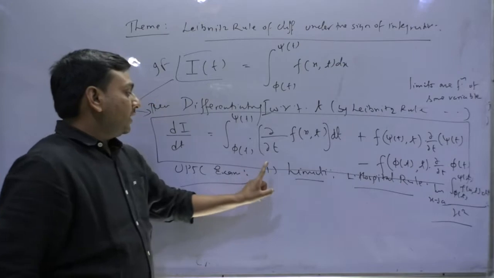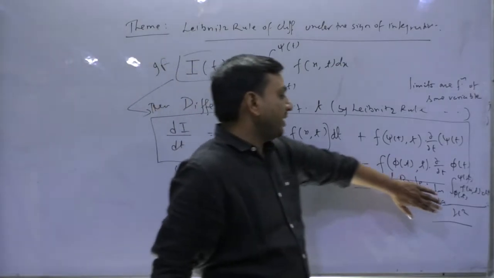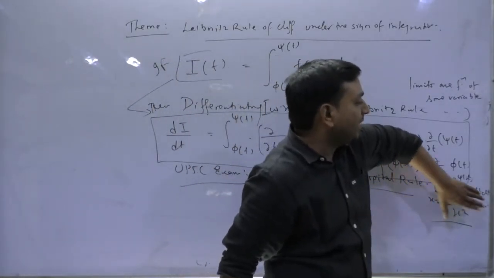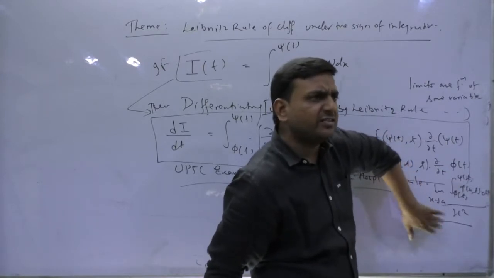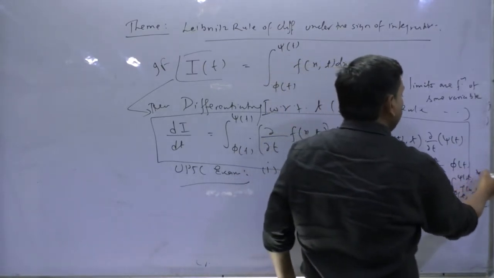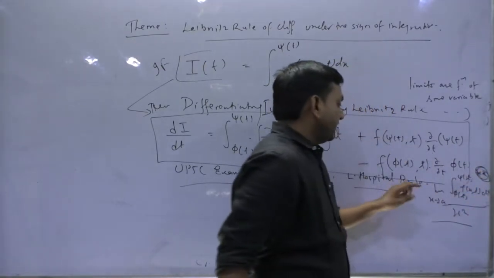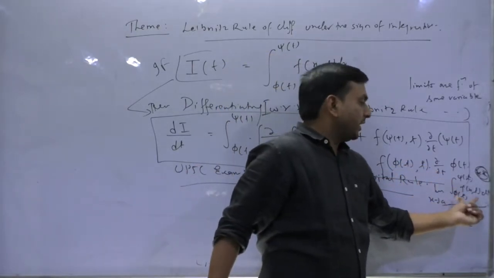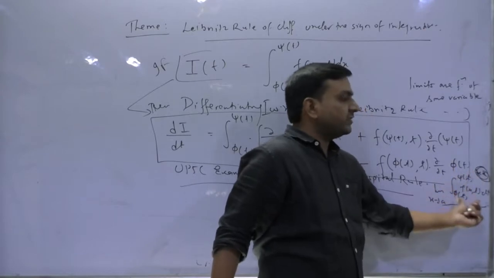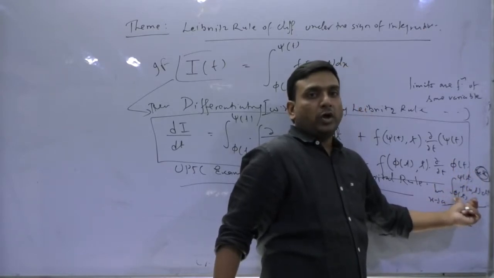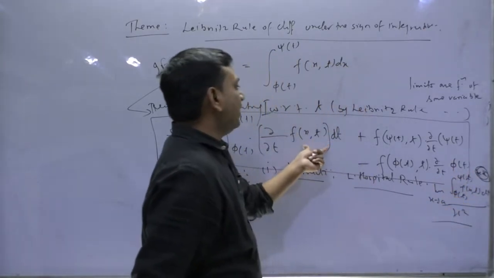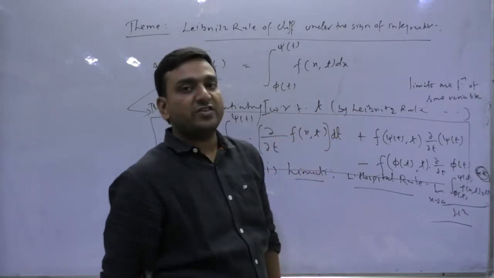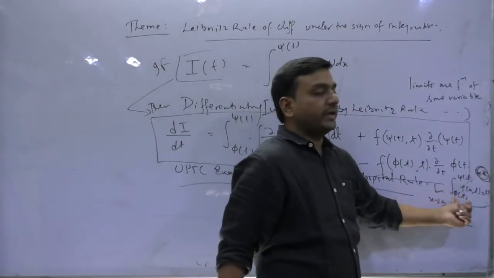What? In case of limit, you may have to calculate limits like this. Please, this is exam point for you. Mark a star here. So when in that case you need to differentiate the numerator, and numerator itself is an integral. So what you will be needing is the Leibniz rule of differentiation under the sign of integration.